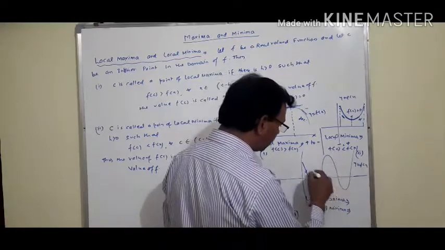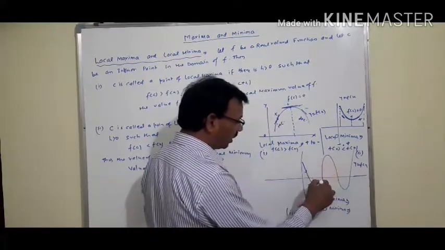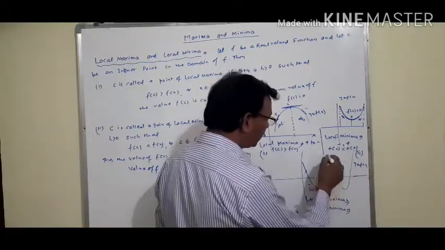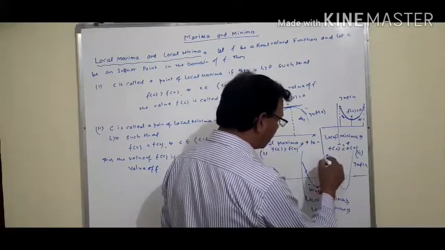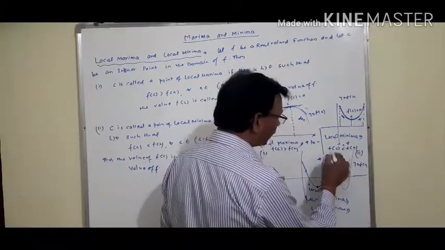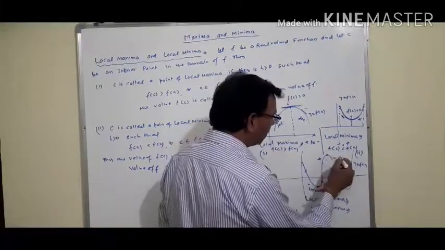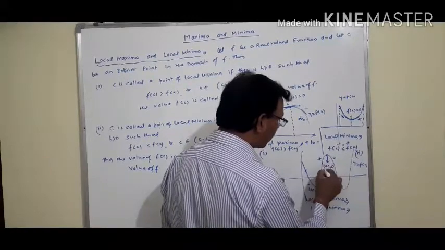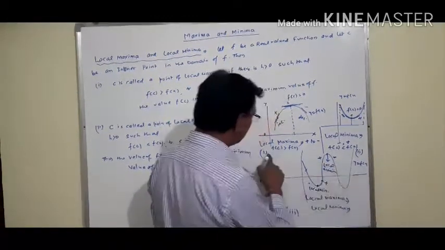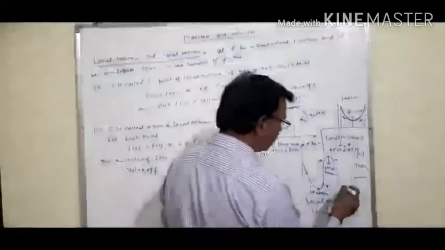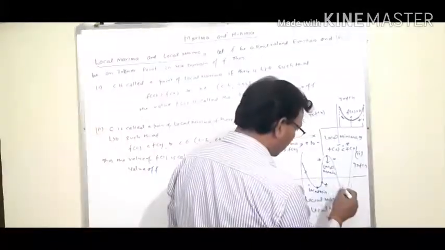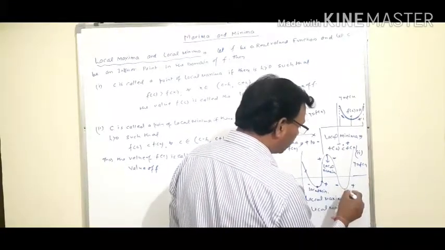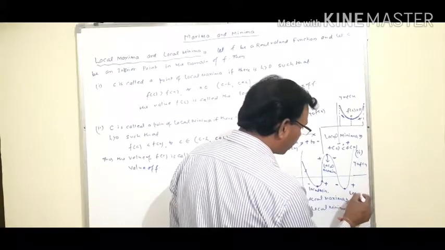And there are three turning points. At the second turning point, we go from positive to negative, so the sign changes from positive to negative, and this point will be local maxima. And again at this point, from negative to positive, so this point will be local minima.